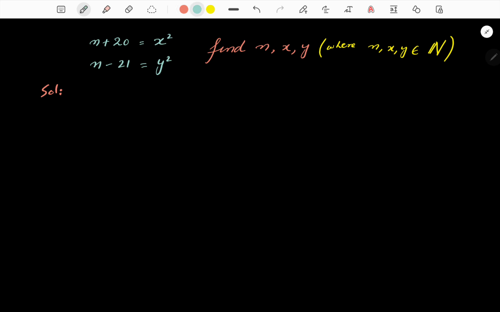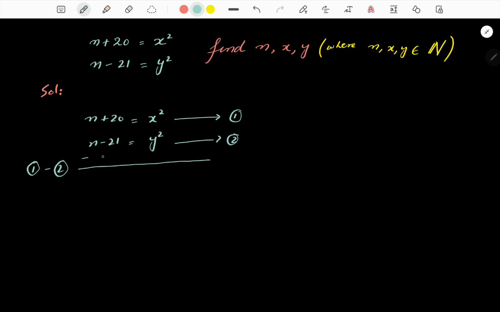Let's take n plus 20 is equal to x square as equation number 1 and n minus 21 is equal to y square as equation number 2. If we subtract 2 from 1, this will give us minus, plus and minus.